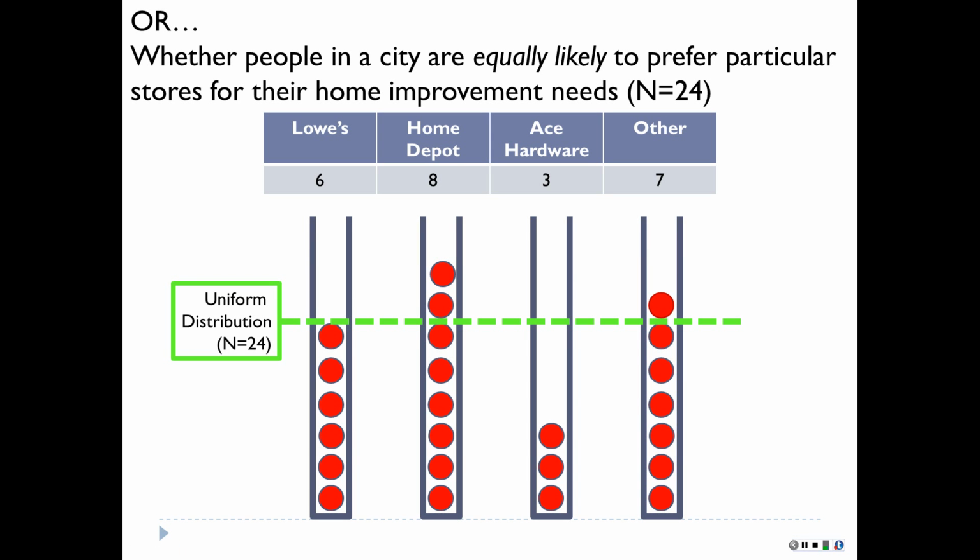So one null hypothesis might be that people prefer the stores equally, that there's an equal preference for the stores. If you reject that null hypothesis, then you might look and see which store is the most preferred. If the null hypothesis can't be rejected, then you say, well, what am I even looking for a preferred store for? Because there's nothing that's really preferred more than anything else.